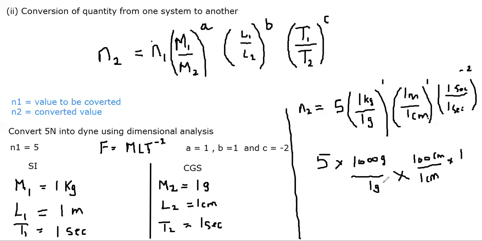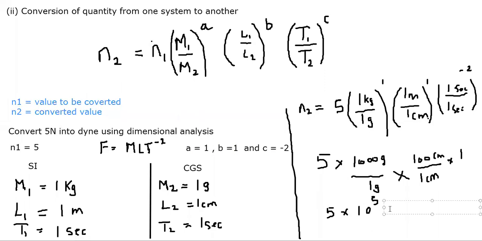Now gram and gram cancel, centimeter cancel. The answer is 5 multiplied by 10 to the power 1, 2, 3, 4, 5. So the answer N2 is 5 multiplied by 10 to the power 5 dyne.